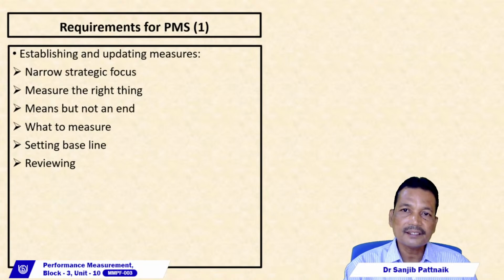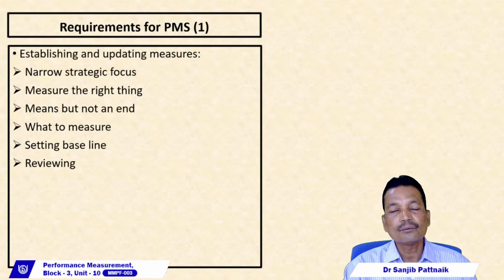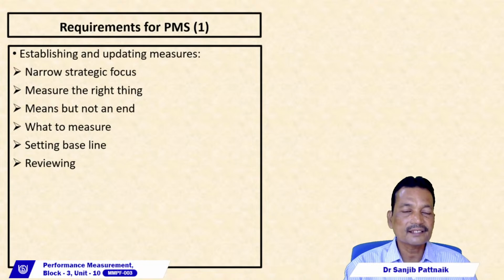So according to the activities, the way of doing it, we set the measurement system. So we say narrow strategic focus, because the activities will lead to achieving the organization's strategy as a whole, or attain its goal.